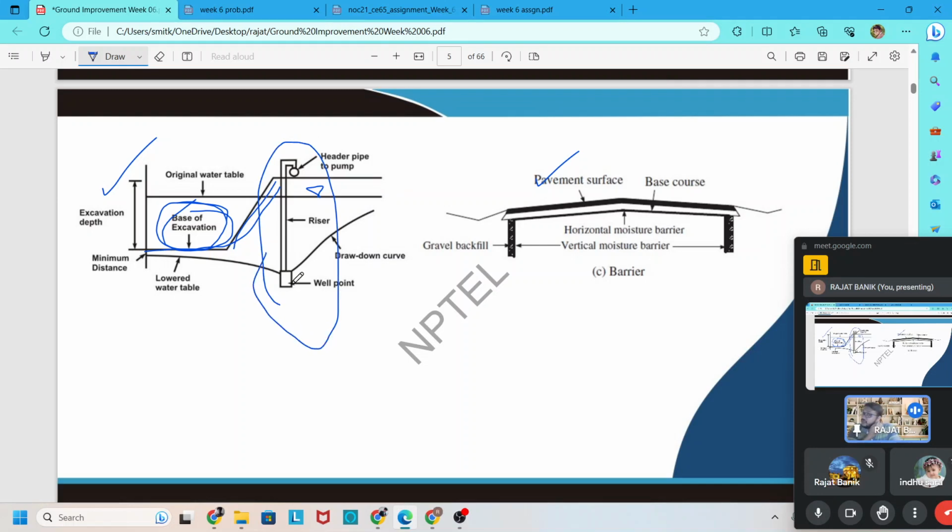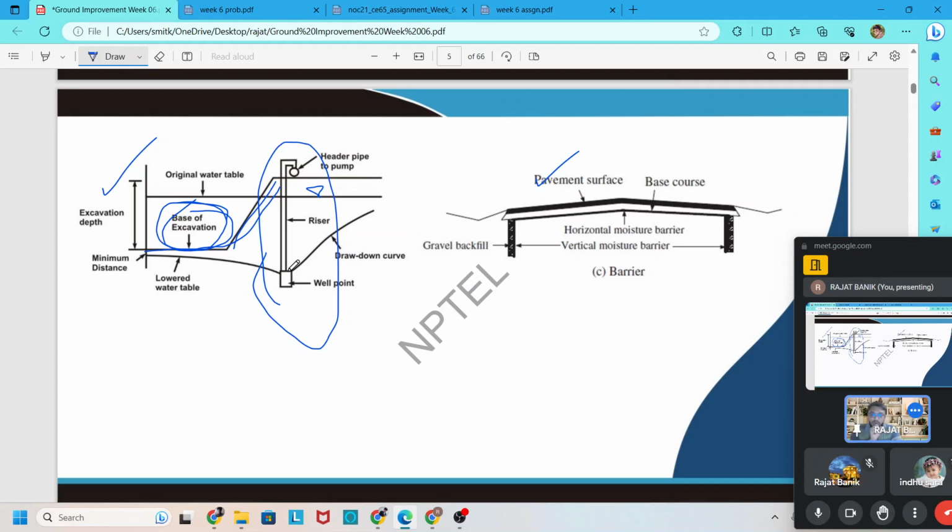In the well point system we introduce one pump at the top, and we insert a long pipe into the ground, and due to this arrangement we suck out, or extract, the water from the ground.